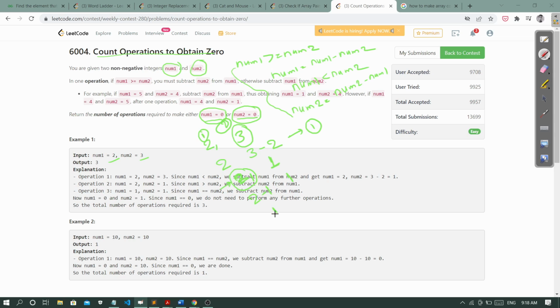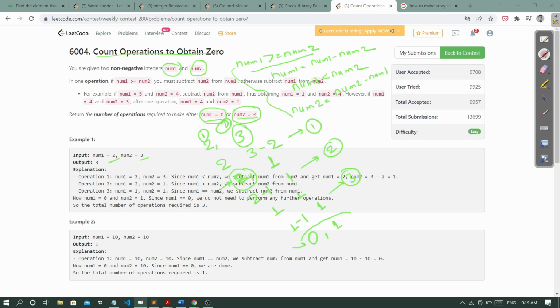So now num1 will be 1 and num2 will also be 1. Again we have two conditions; num1 is greater than or equal to num2, then this happens. This is step 2 required, and after that we subtract, 1 minus 1 is 0. Then our final numbers are 0 and 1. So one number hits the 0 state, and this is 3 steps.